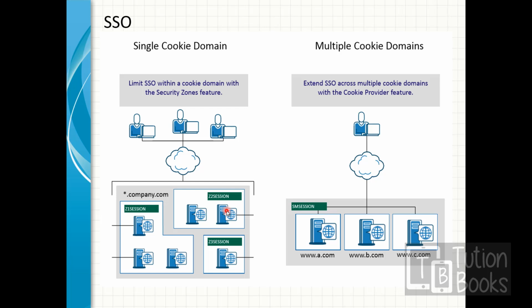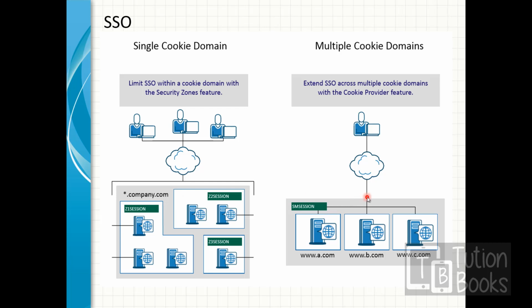This secure cookie can work across a single cookie domain or multiple cookie domains. If I want my cookie to work in a particular domain, I can define that in SiteMinder. Then only the applications in the same domain will be in the SSO group, and single sign-on between those applications happens within the same domain.